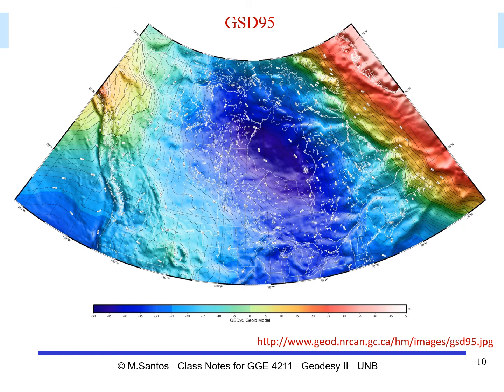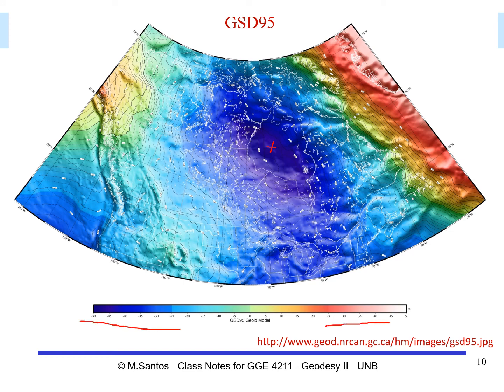Now let's look at the Geodetic Survey Division 95 geoid, just as an example. I don't know if you can see, but Canada is here. If you look closely, you can see the contour lines. And let's focus here. This is Hudson Bay. If you look at the scale here, this is a negative value of geoidal heights.